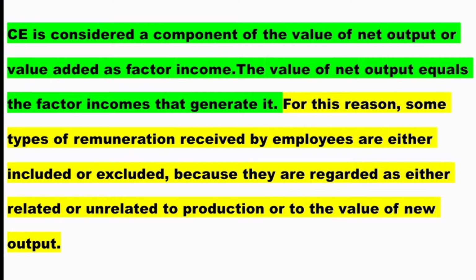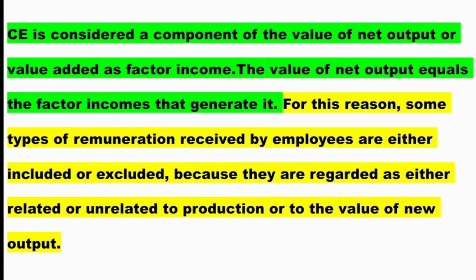That is, the value of the net output is equal to total factor income generated, which is equal to total expenditure. So, because of that, some types of remuneration received by the employee from the employer are either included or excluded because they are regarded as either related or unrelated to production or to the value of new output.